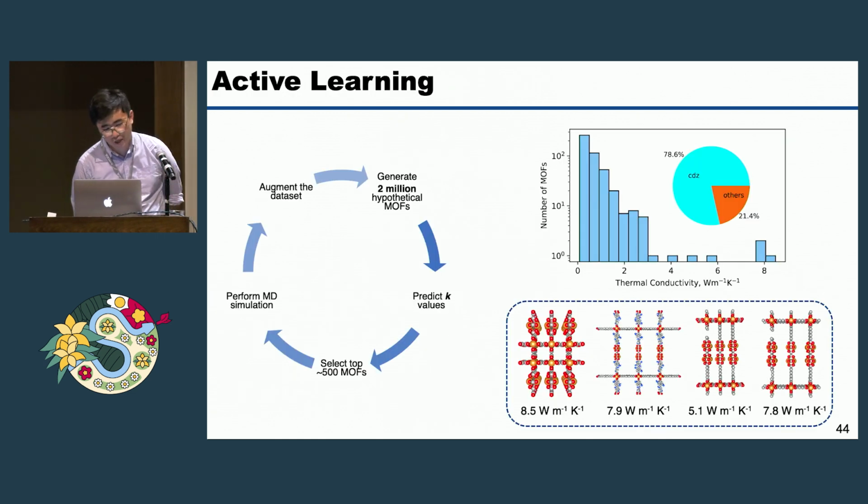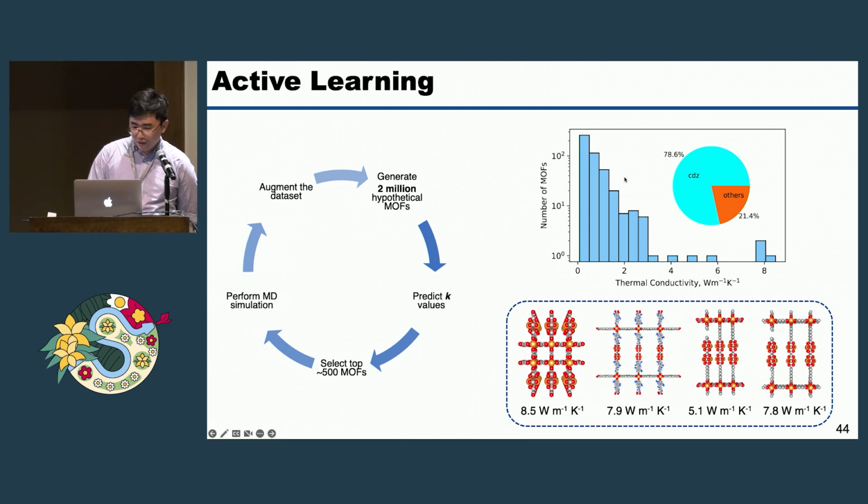After training these GNN models, we generated another 2 million hypothetical MOFs using ToBaCCo and predicted their thermal conductivities using the GNN model. Then we selected the top 500 MOFs and performed MD simulations to get their ground truth. Then we put them back into our original data set. We just did 1 cycle so far, and we are doing more.